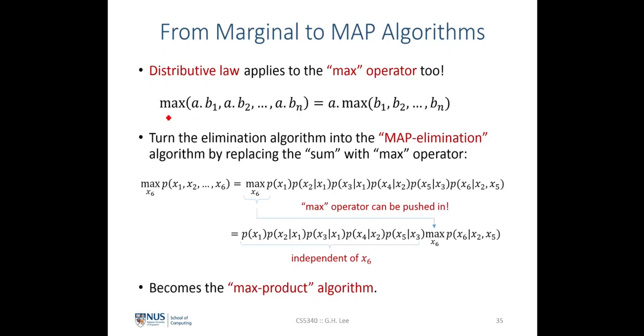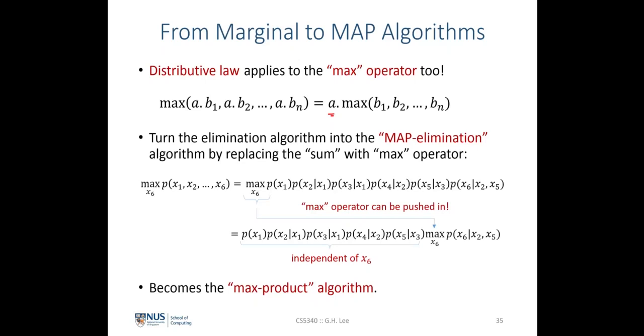This maximization is simply equivalent to factorizing out a and multiplying it by the maximization over the respective terms b1 all the way to bn. What this means is that we can turn the elimination algorithm, or the marginalization algorithm, into a MAP elimination algorithm by simply replacing the sum operator with the max operator.